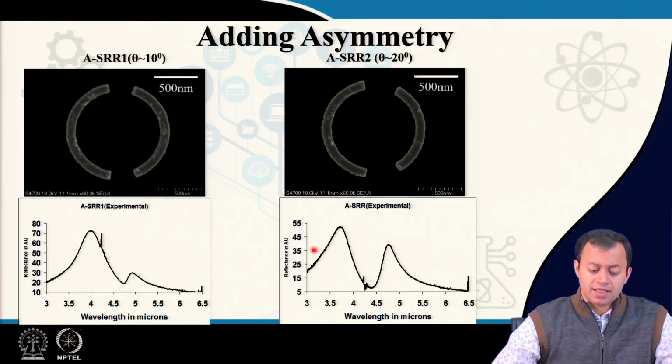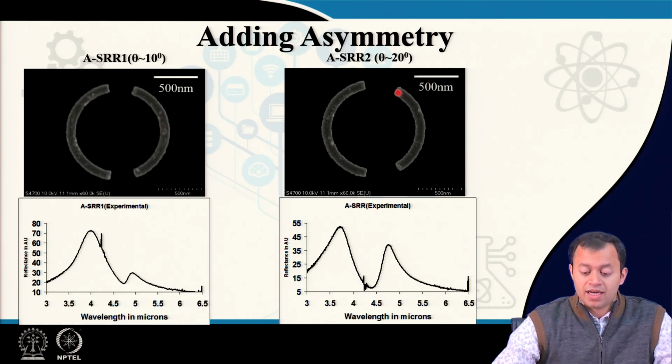Things start getting interesting when you keep the size of the left hand arc constant and start to slowly reduce the size of the right hand arc, i.e. increase the angular gap between them, theta equal to 20 degree, theta equal to 10 degree. What happens then? Remember, the resonance or the response, lambda LC, depends on their dimensions, depends on their size. So, this has a response of its own, this has a response of its own.